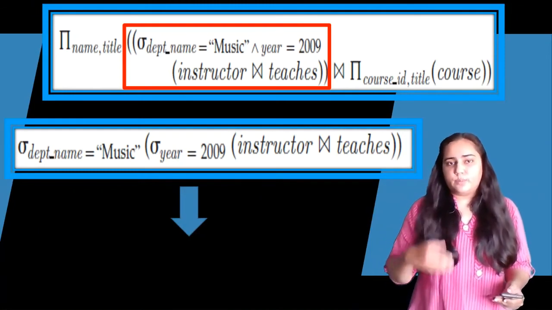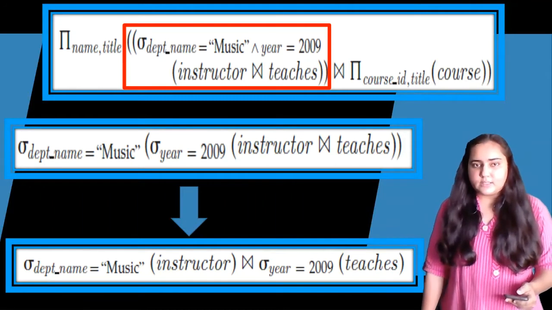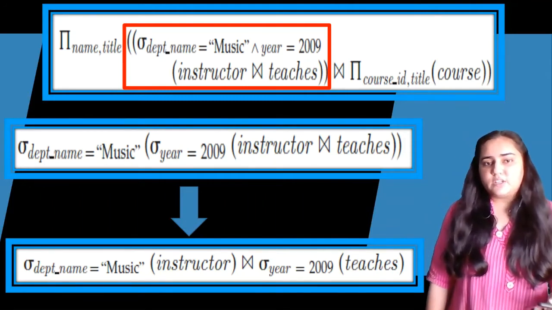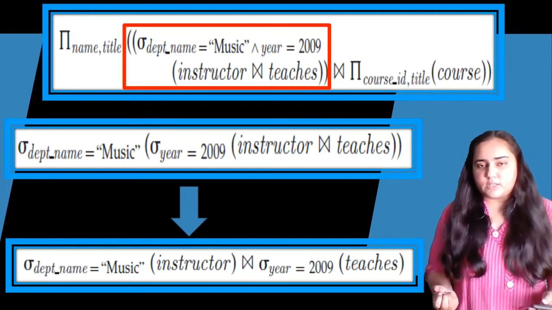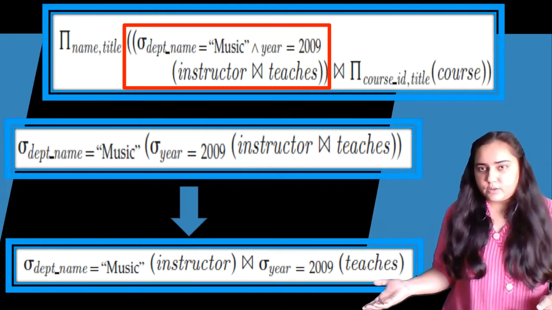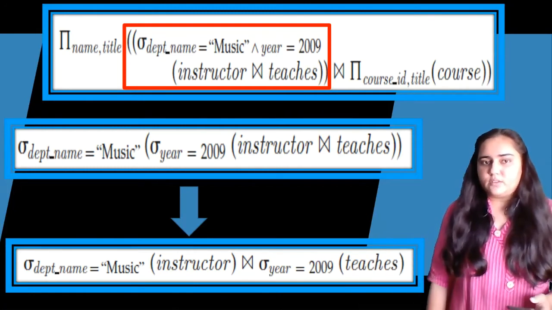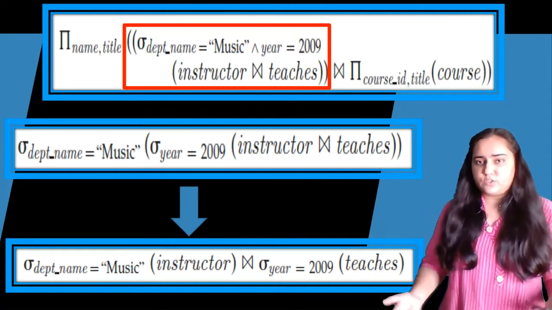Now I can transform this into this. So what is happening in this case? In this case, I have done sigma dept name equal to music from instructor and applied the sigma year equal to 2009 only on teachers. Now, why would I do that? Because the department name column belongs to only instructor.